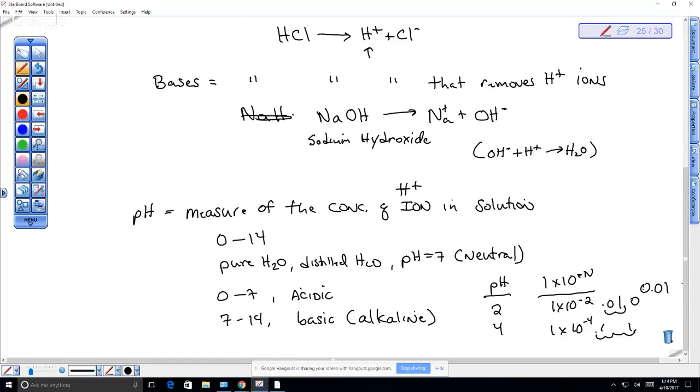So now I have 0.0001. Which is the bigger number here? The top one. This means that the concentration of hydrogen ions is greater in a pH of 2 than in a pH of 4. So that explains why it seems to be very backwards to you when you look at pH and the range of pH values.